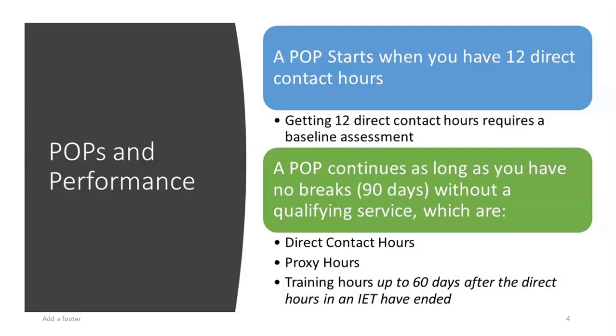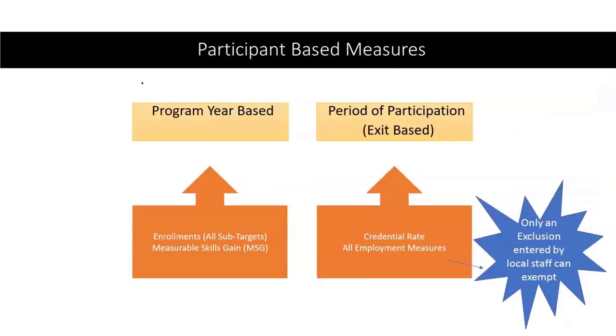So when we're grouping our performance measures, I tend to think of them in sort of two big buckets. One is what I call program year-based performance, and the other one is what we call period of participation-based performance. Program year-based, you guys are probably familiar, which is enrollments, right? How many individuals do we have that are coming into the program that actually sit in class for 12 direct hours?